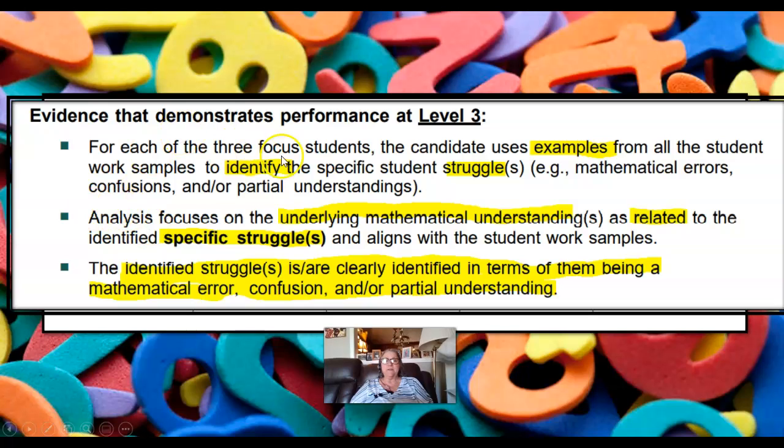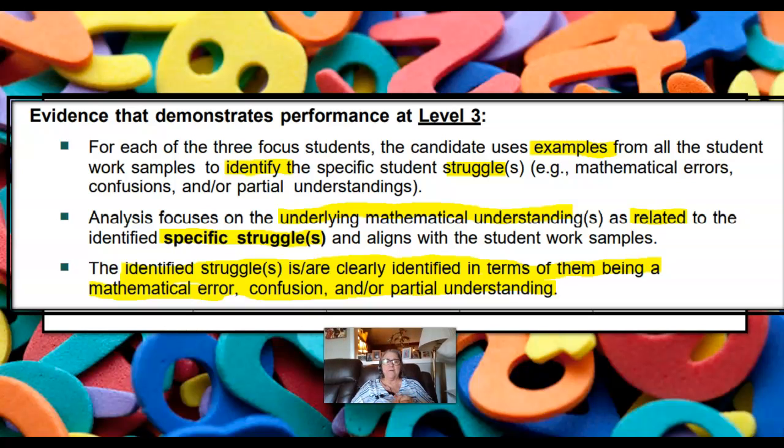So evidence that demonstrates performance at a level 3 would be using examples. So you always want to go to the work sample and say, look at student A's work and see where he did this. Identifying the specific struggle, the error, the confusion, the partial understanding. Analyzing the mathematical understanding that's related to it.